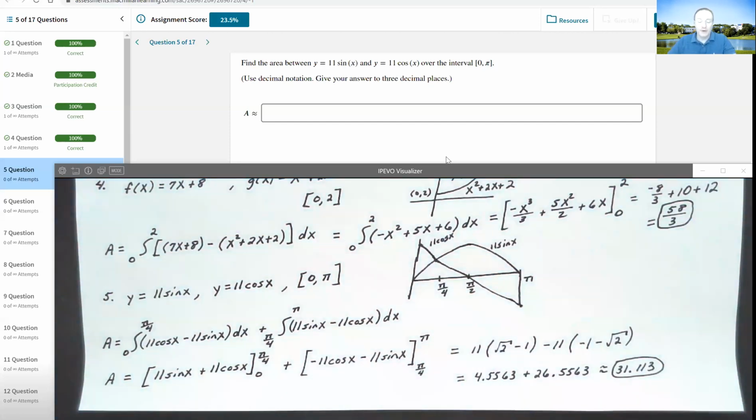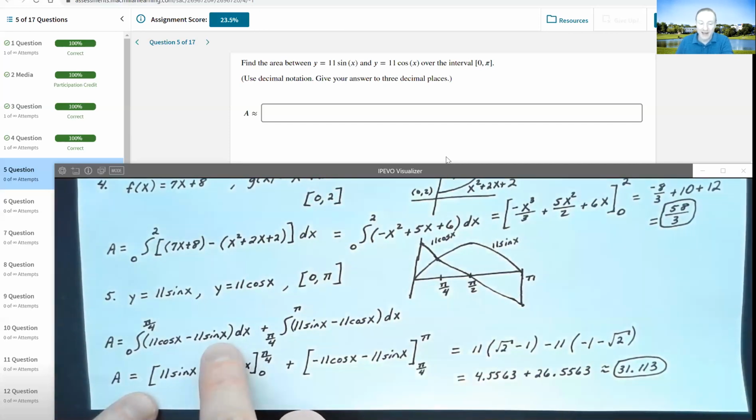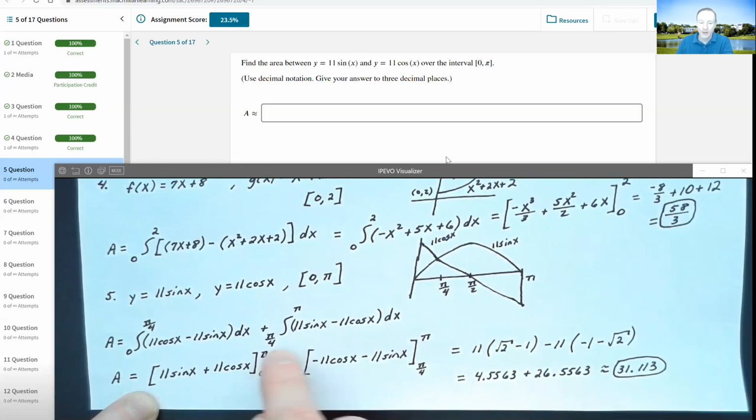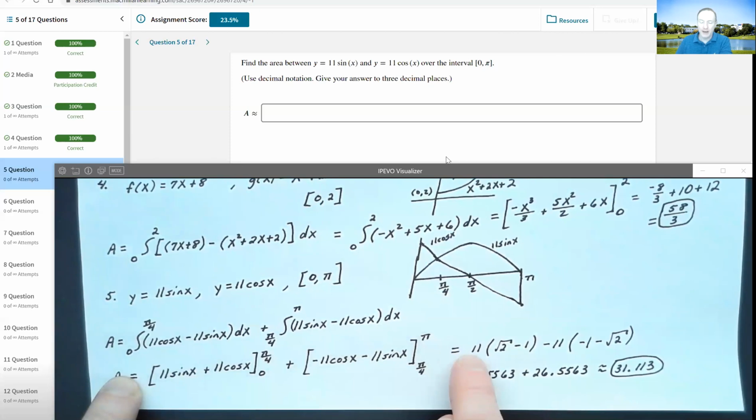Well, whenever we integrate cosine, we get sine. Whenever we integrate sine, we'll get the negative of the cosine. So a negative sine gives me a positive cosine there. So I end up with 11 sine x plus 11 cosine x evaluated from 0 to pi over 4. So I said, well, okay, I'm just going to factor that 11 out, and then I'll say, well, it's the top limit.